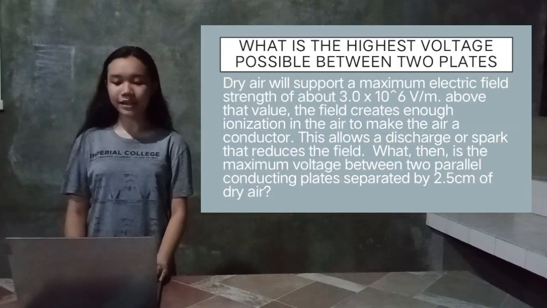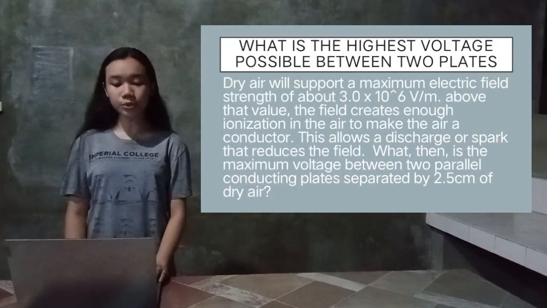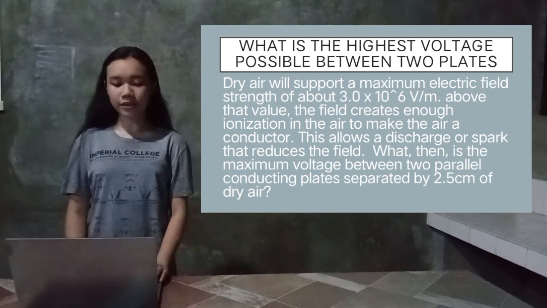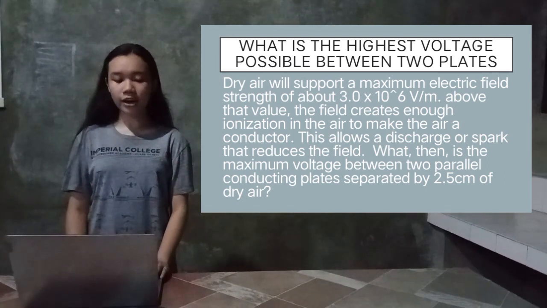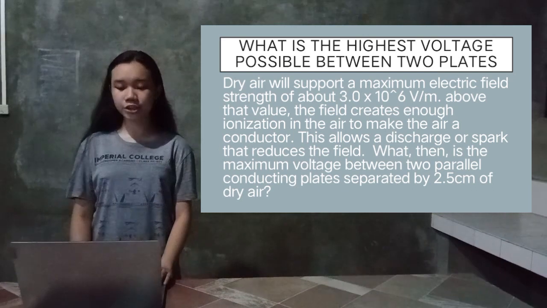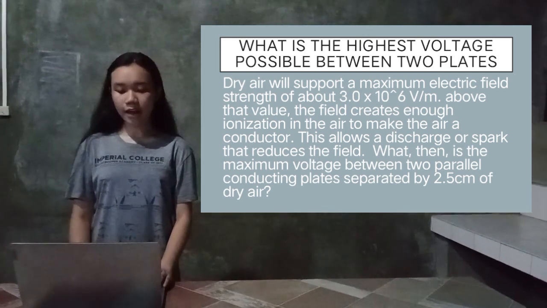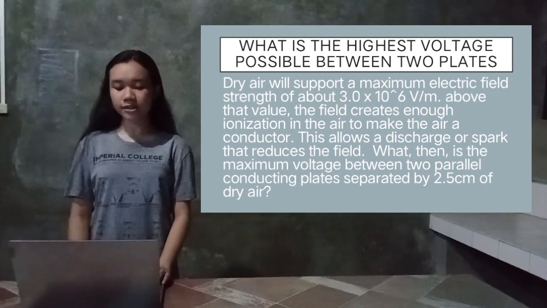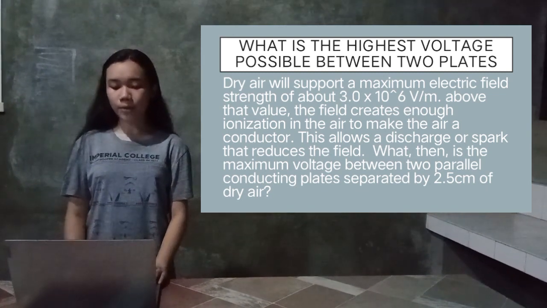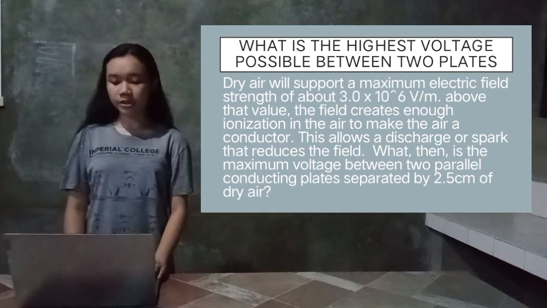Now, for the example, what is the highest voltage possible between two plates? The given is that dry air will support a maximum electric field strength of about 3 times 10 raised to 6 V/m, or volts per meter.